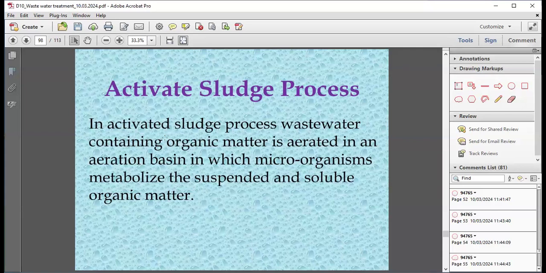So you have to understand that in the activated sludge process, wastewater contains organic matter. The organic component, like plants, is the organic matter, right?